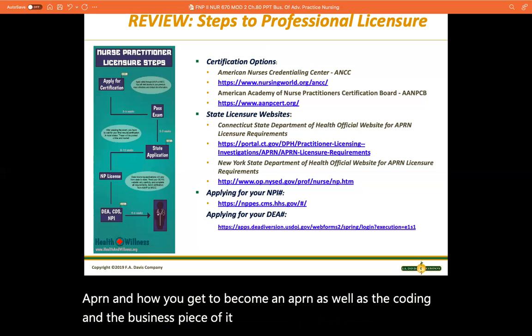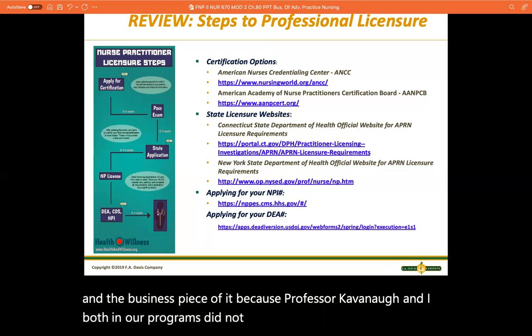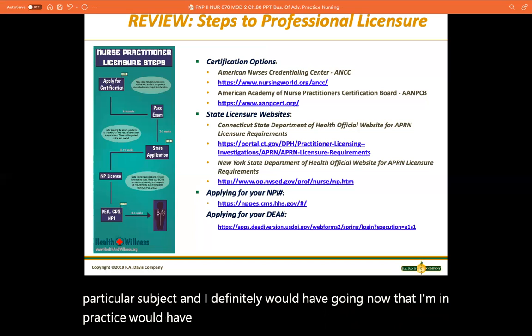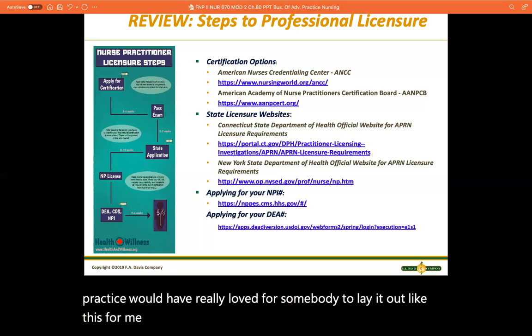Both Professor Kavanaugh and I did not have that much exposure to this subject in our programs. Now that I'm in practice, I would have really loved for somebody to lay it out like this for me too, because it gets a little confusing.